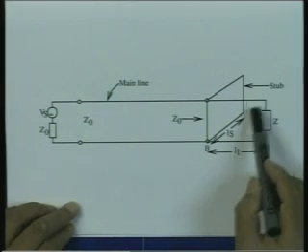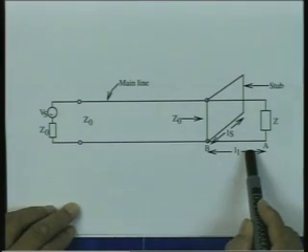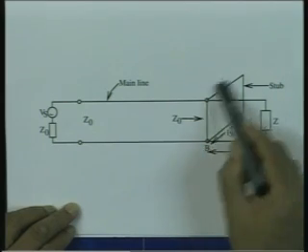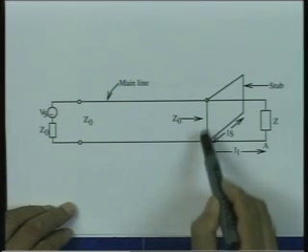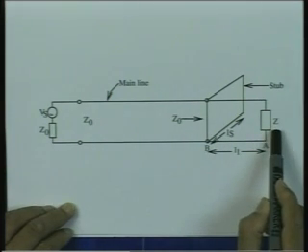So in this case we have connected the stub in parallel with the main transmission line, whose length is Ls and whose characteristic impedance is the same as Z0, and this stub is connected to the main line at a distance L1 from the impedance to be matched.